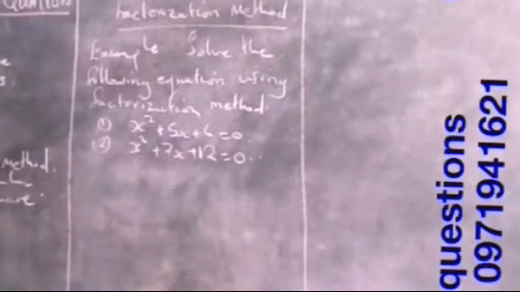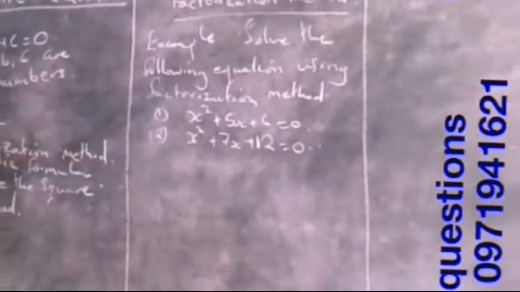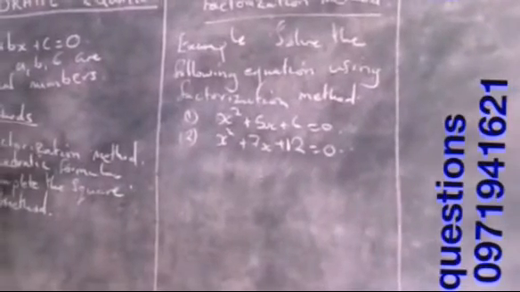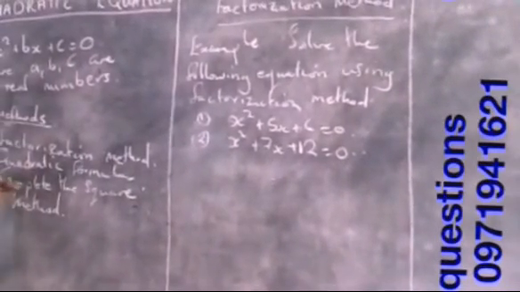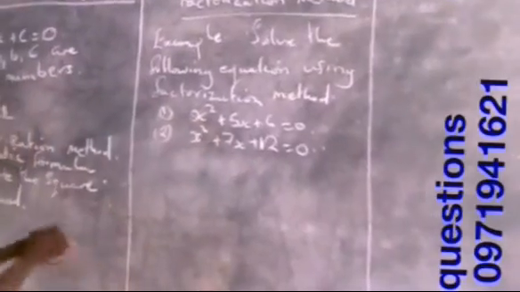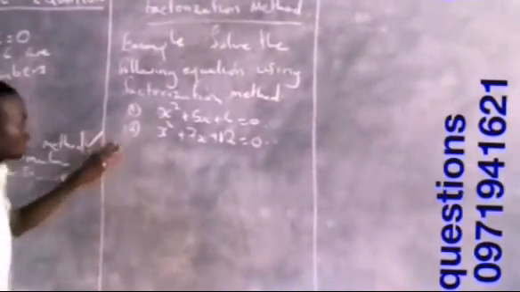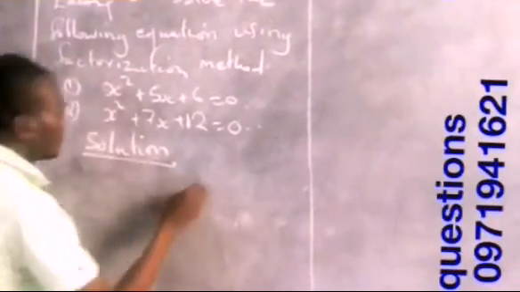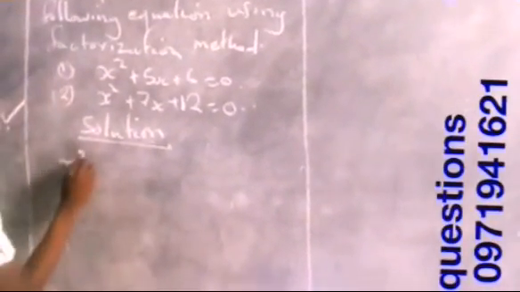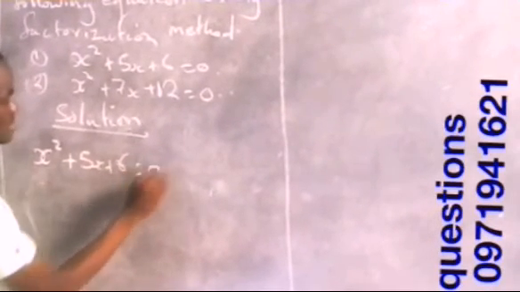As we said, there are three methods of solving this kind of equation: factorization, quadratic formula, and complete the square. We want to look at how you can solve this using factorization. We have the question x squared plus 5x plus 6 is equal to 0.